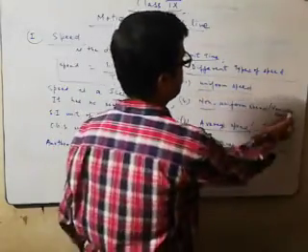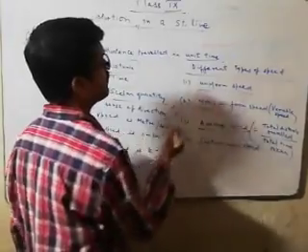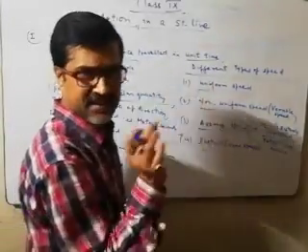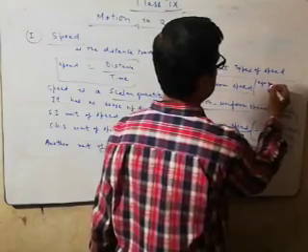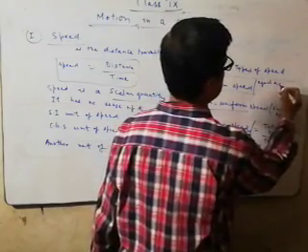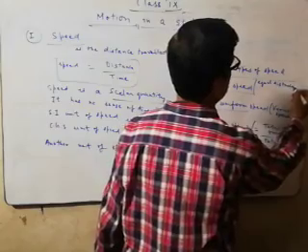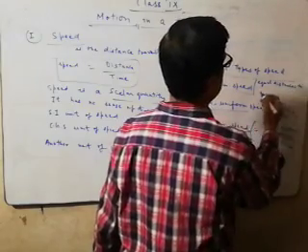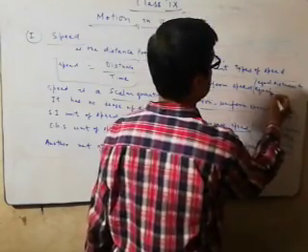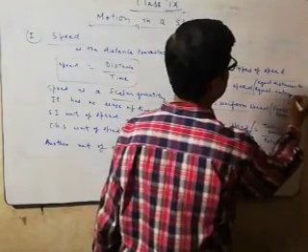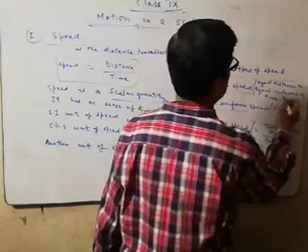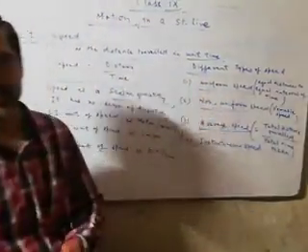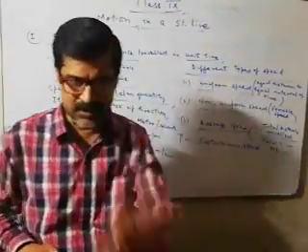So the definition of uniform speed is very simple: equal distance in equal interval of time, then the object is said to be in uniform speed.